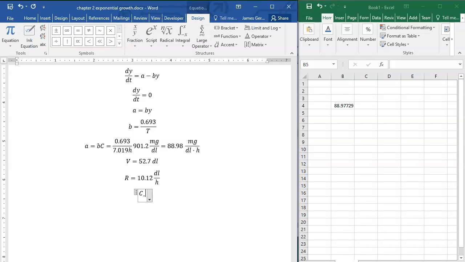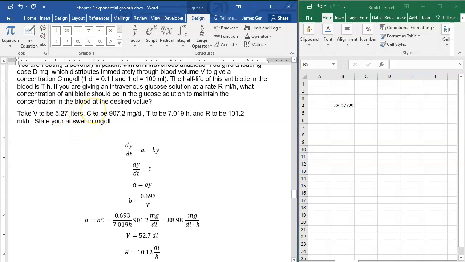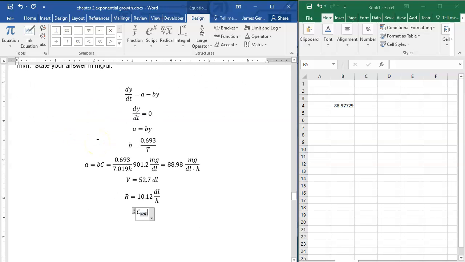Concentration in this fluid, which is going to be in milligrams per deciliter, times R, which is going to give us from milligrams per deciliter to milligrams per hour, all right? Milligrams per hour has to equal A times the blood volume, all right? These have to be equal.